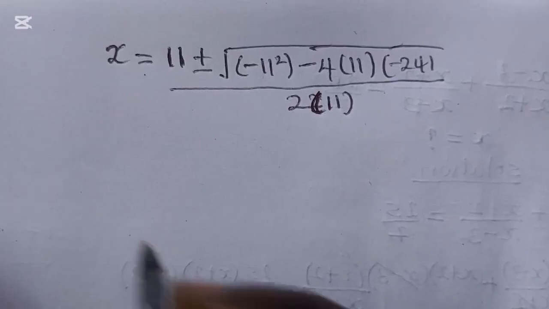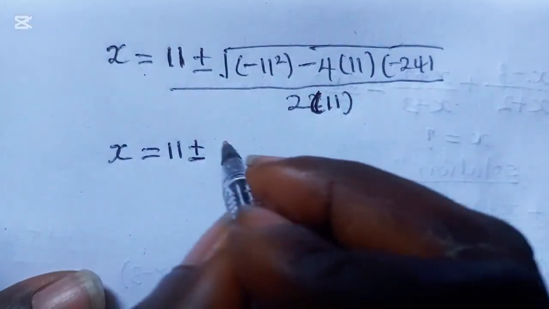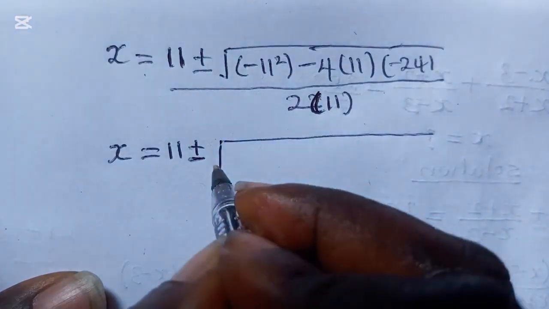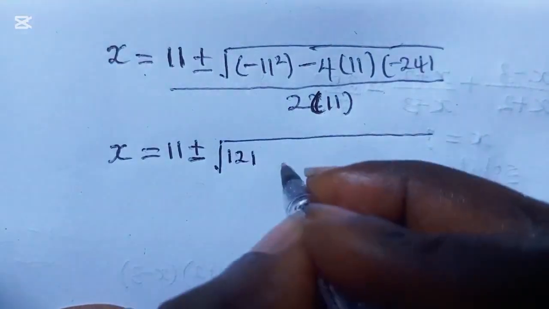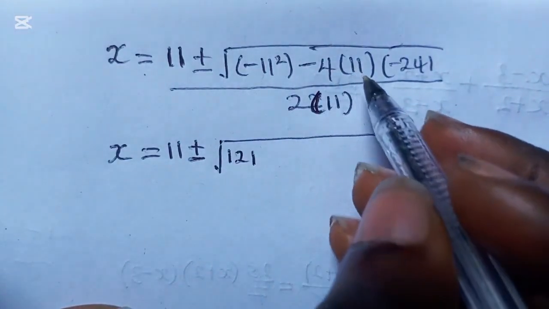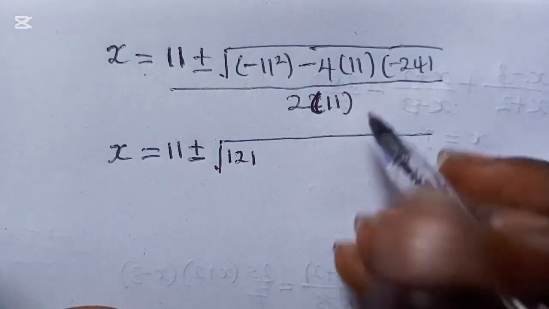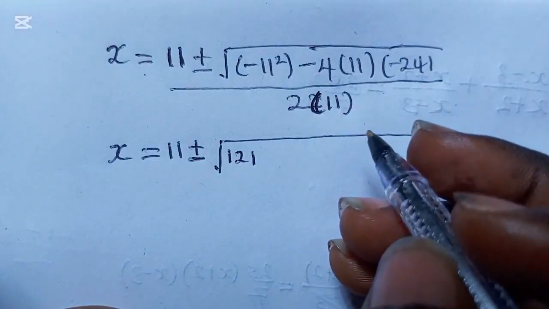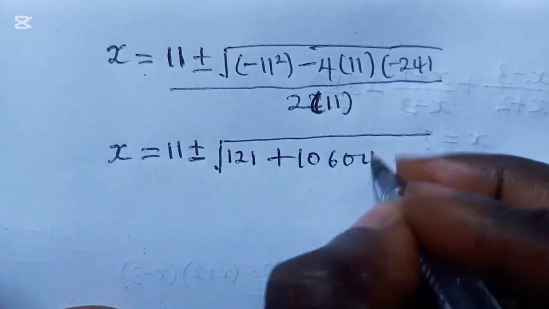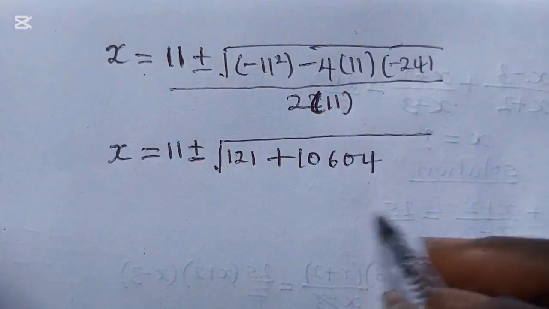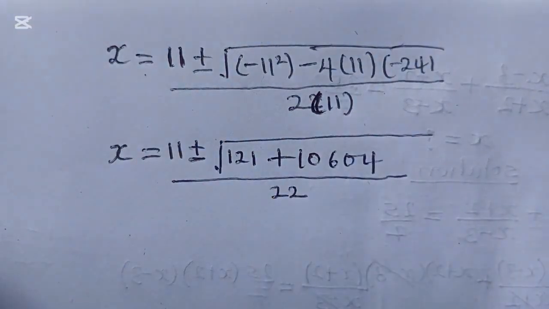So the next step now is to say our x equals 11 plus or minus square root of minus 11 square, that gives us 121, then minus 4 times 11, minus 44, times minus 241, that is 10,604. Okay, then we divide by 2 times 11, that's 22.